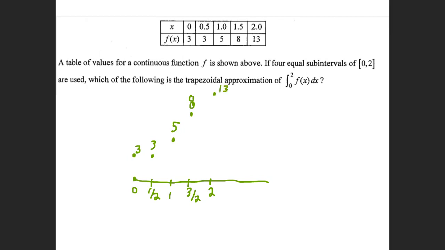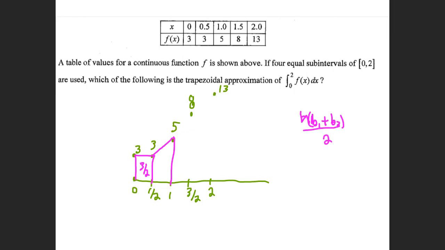Okay, so now if I want to use trapezoids to find the area, obviously this first one would not be a trapezoid because it's the same height, so this is 3 times 1/2, so this would be 3/2 inside here. But then if I use a trapezoid here, the trapezoid formula is base 1 plus base 2 times height divided by 2.